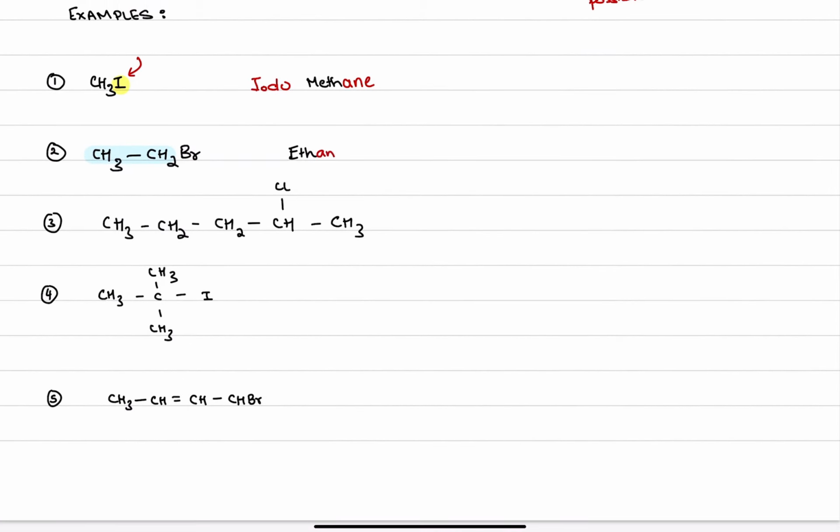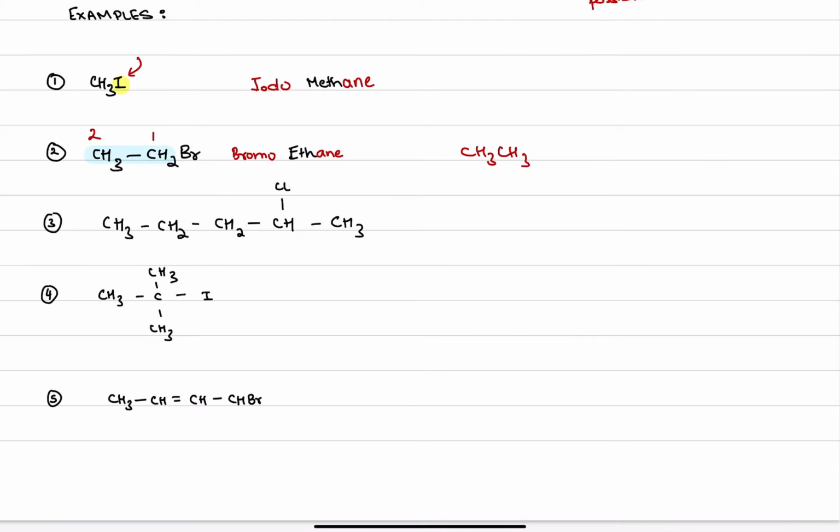So this is ethane. However, ethane is specifically this, and we want to tell the reader that this has a bromine attached to a carbon as well. So in order to indicate that, we add bromo at the start of this name: bromoethane. Now in this case, we have two carbons, so if I were to number them, I will give this the highest priority, 1, and give this 2.